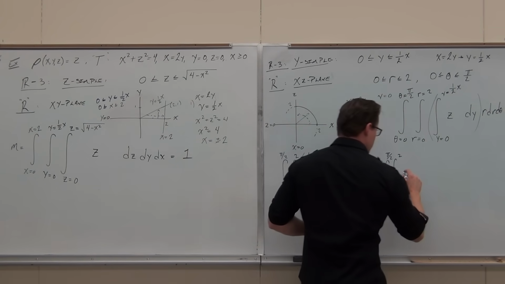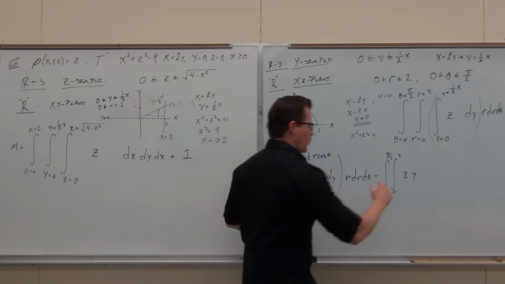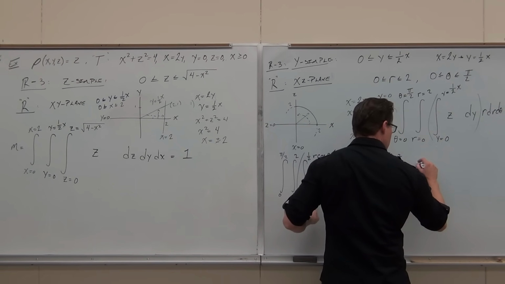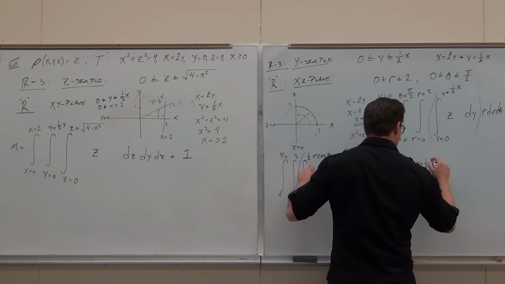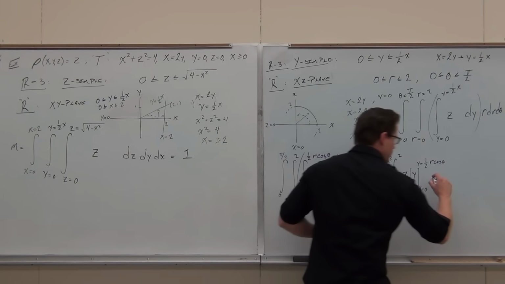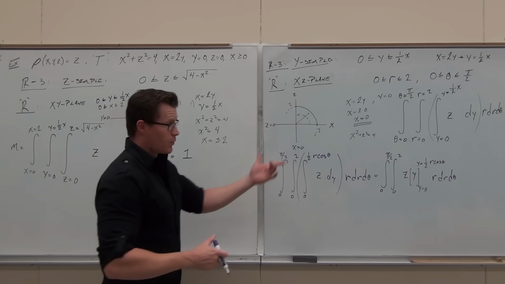Integrate with respect to y, we get z, y. We also are going from y equals 0 to 1/2 r cosine theta. And then after that, we're going to have an r dr d theta. Now, we're going to plug that in.